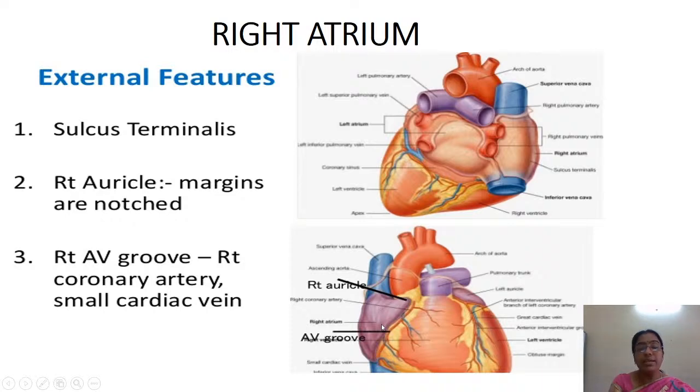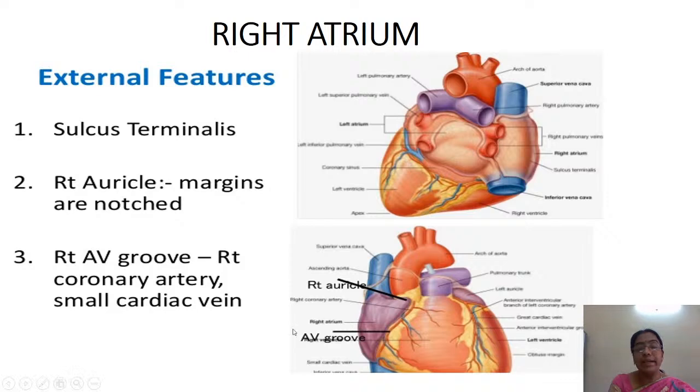One more thing is the atrioventricular groove. Between the atria and the ventricle there is a groove, which on the right side is called the right atrioventricular groove. Through it passes the right coronary artery, along with a vein called the small cardiac vein.